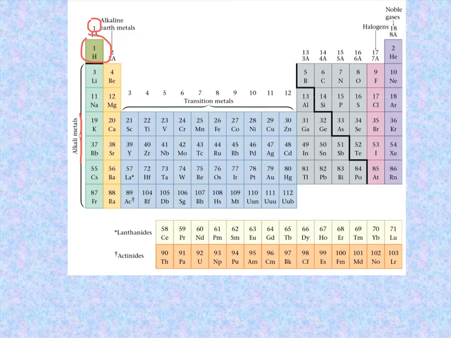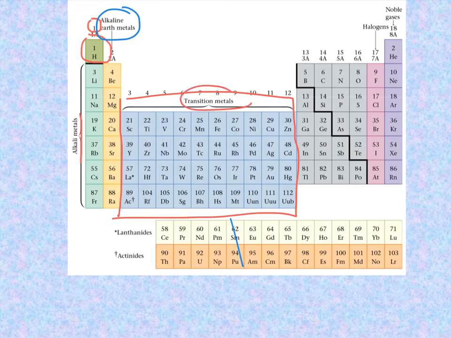Okay, group 2. So group 2 is right here. Sorry, right there. That's group 2. So group 2, they are called the alkaline earth metals. Alkaline earth metals. Okay, so once again, group 1, alkali metals. Group 2, alkaline earth metals. And then we have the middle section of the periodic table here.